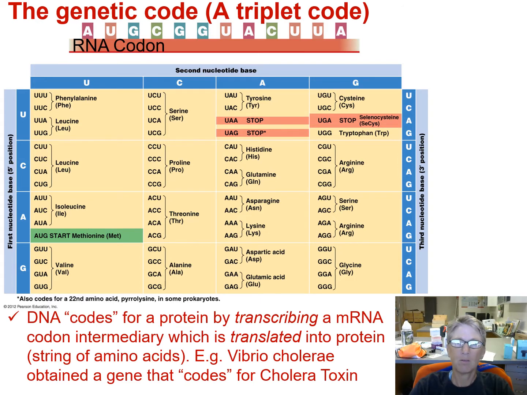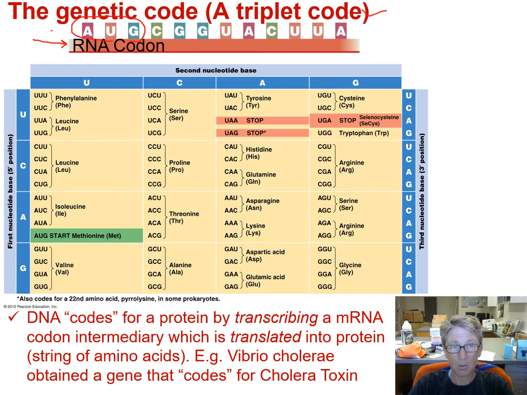So this is a slide talking about the genetic code. It's a triplet code. If you look at the top, this is the RNA transcript, but you could also call it the RNA codon, because the RNA codon is a triplet code that will be read on the ribosome to make a protein out of amino acids.